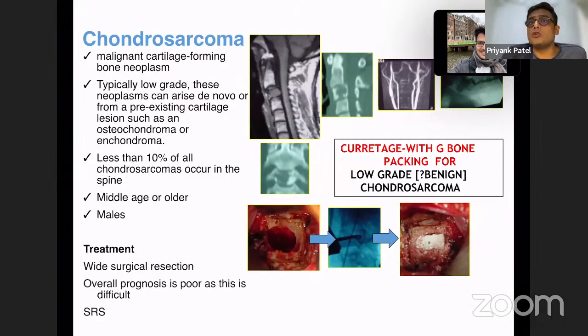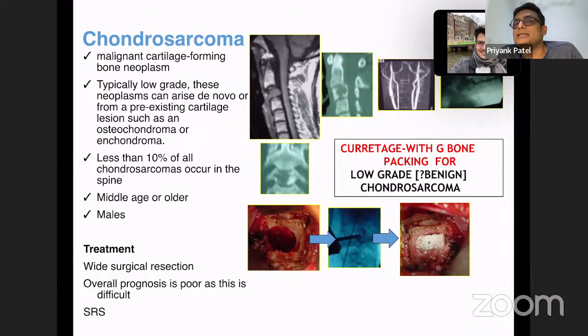Then you have chondrosarcomas. Chondrosarcomas are basically malignant cartilage forming bone tumors. They are typically low grade. These tumors can arise from a pre-existing cartilage lesion such as osteochondroma or enchondroma. So those tumors should be looked at, and it's very rare in the spine, but when it's seen, it's in middle or older age groups, males more.